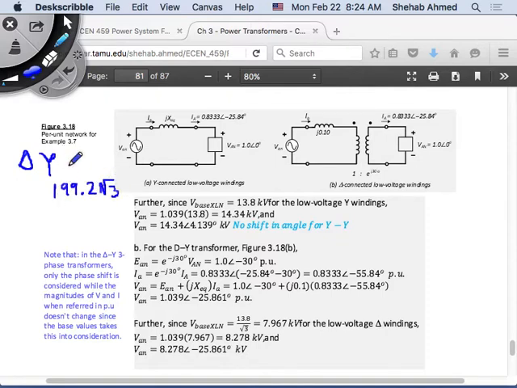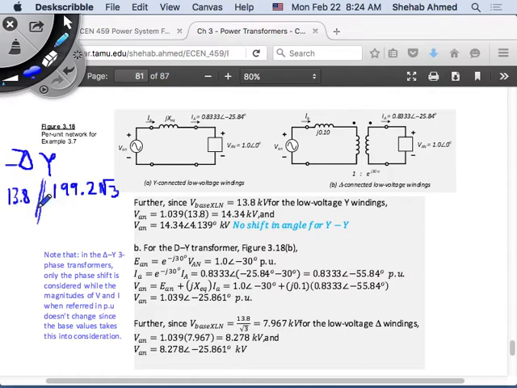The terminal voltage for the star is the line-to-line voltage. How about the terminal voltage for the delta? It's the line-to-line voltage. What is the line-to-line voltage? It's a phase voltage as well. It's 13.8. Right? That is the ratio of the terminal voltages that I have on the primary and secondary.